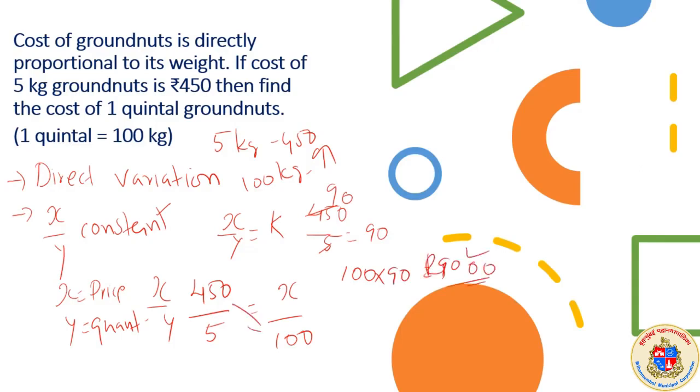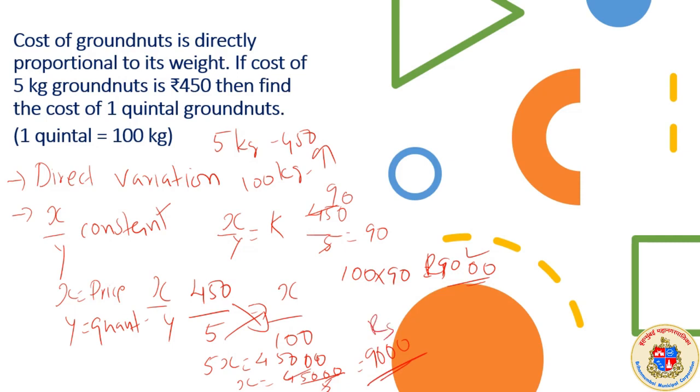Or you can cross multiply: 5x is equal to 450 into 100, that is 45000, and x is equal to 45000 upon 5, which is 9000 rupees. This much you will pay. I did it roughly because this is a very simple sum.